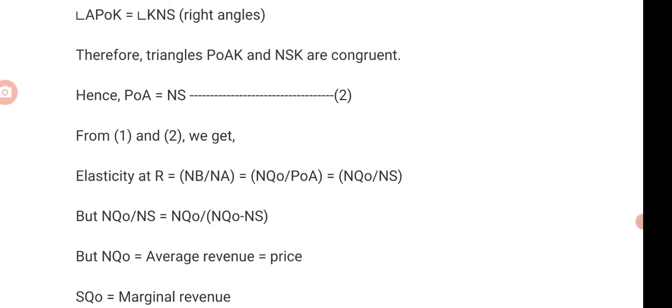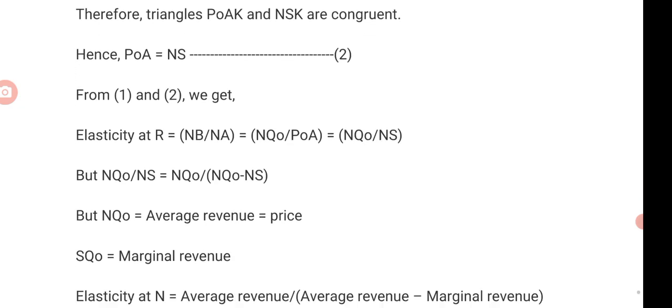NQ is equal to average revenue, that is price, and SQ is equal to marginal revenue. So elasticity at N is equal to average revenue upon average revenue minus marginal revenue. If A stands for average revenue, M stands for marginal revenue, and E stands for elasticity on the average revenue curve, then E is equal to A upon A minus M.